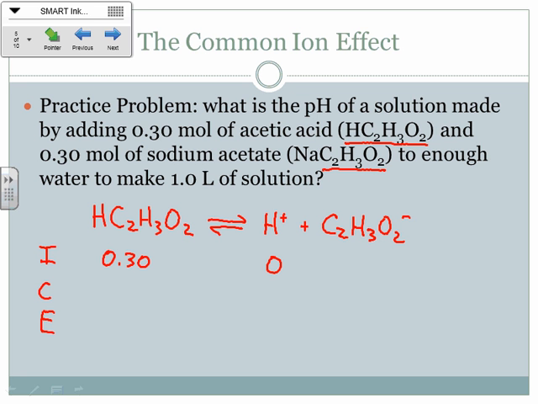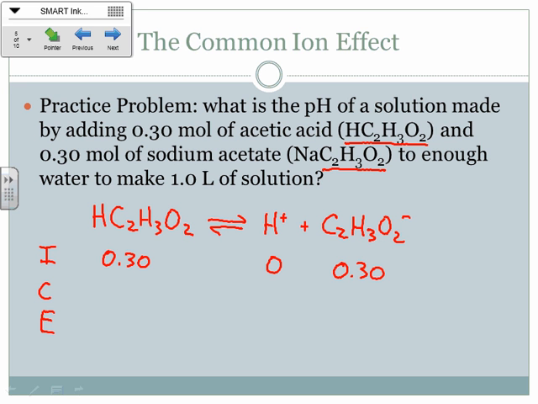Okay, but at the same time we're also adding 0.30 moles of sodium acetate to this thing. Okay, so we already have some acetate in that solution as well. Alright, so that's not zero. So then we just do our normal thing here. Now I guess the other thing that it would be good to know would be the Ka for the acetic acid.